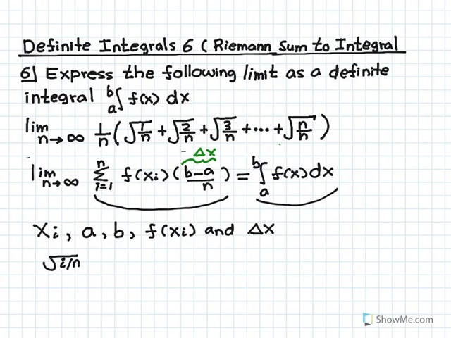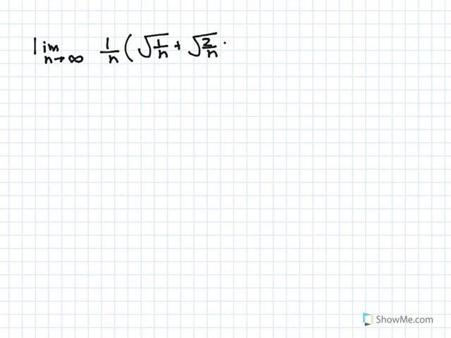So we can write the above expression in a more compact form. Our goal is to write it in this form: i equals 1 to n, f of xi, delta x. So let's rewrite what we're given. We're given limit n goes to infinity 1 over n, root 1 over n, plus root 2 over n, plus dot dot dot, plus root i over n, general term, plus root n over n.